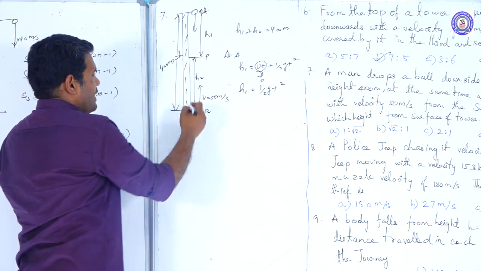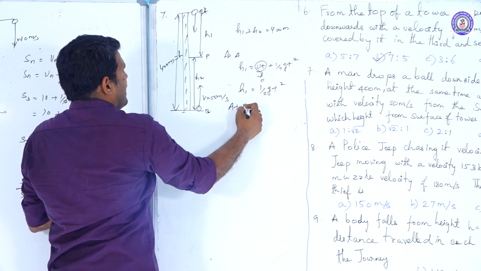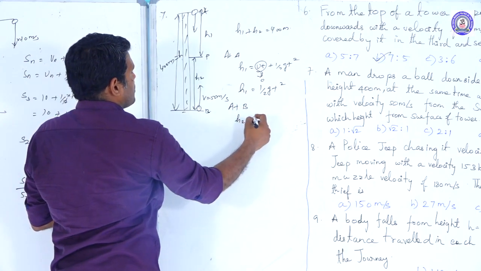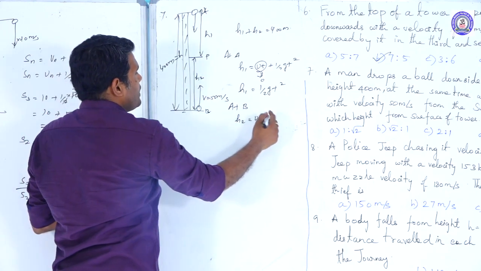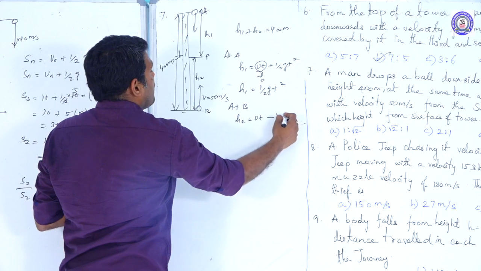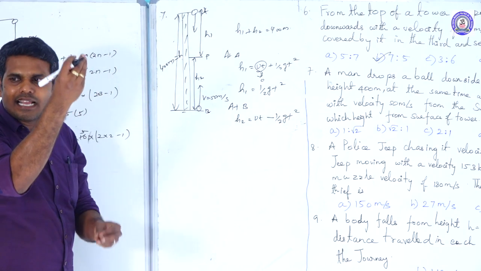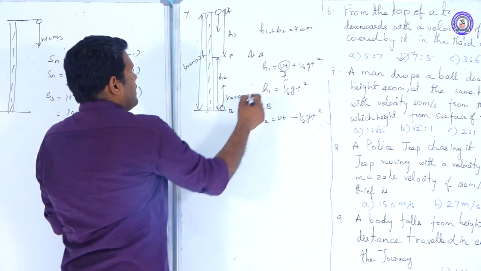And for the second ball, which is thrown from the surface, at B the displacement in the upward direction h2 is equal to ut minus half gt square, with initial velocity 50 meters per second. Why? You are throwing the object vertically upwards against gravity, so g must be given negative.